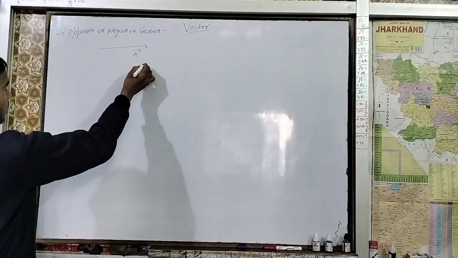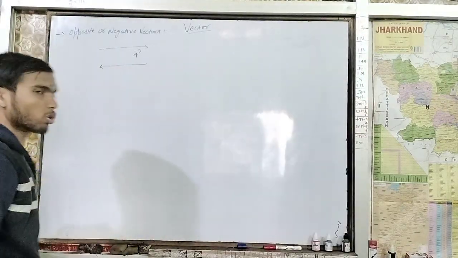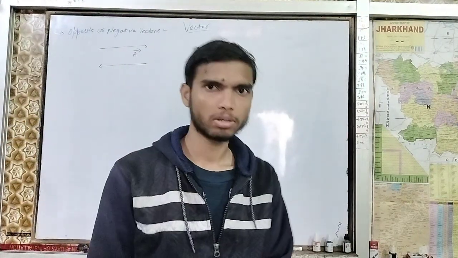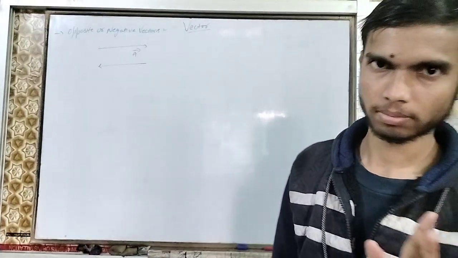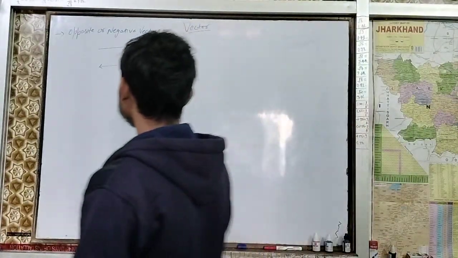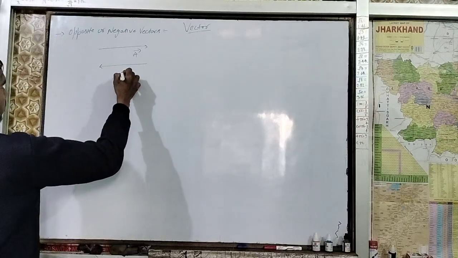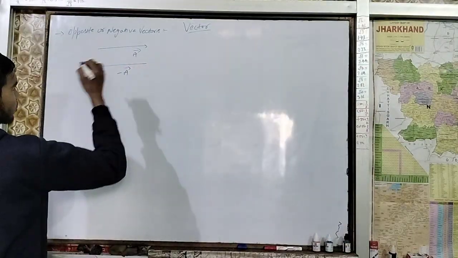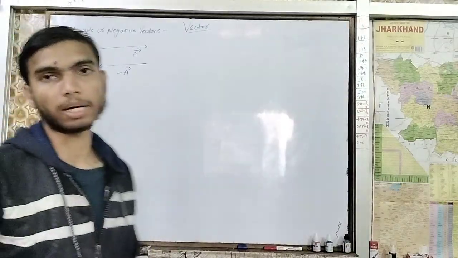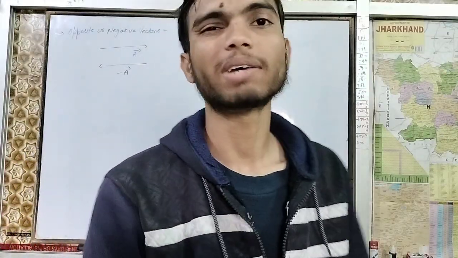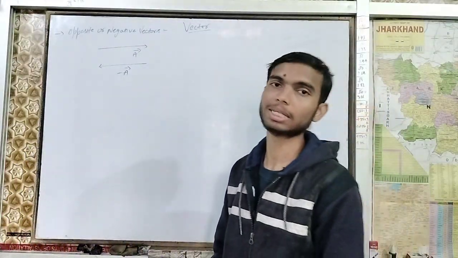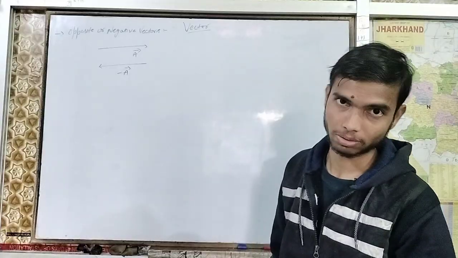Magnitude should be the same, but direction will be opposite. And now, the name of this vector will be negative a vector, since we have just converted it into the opposite direction.